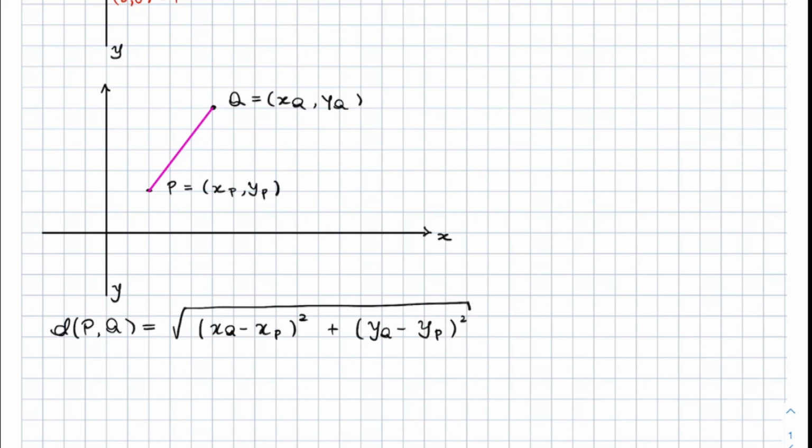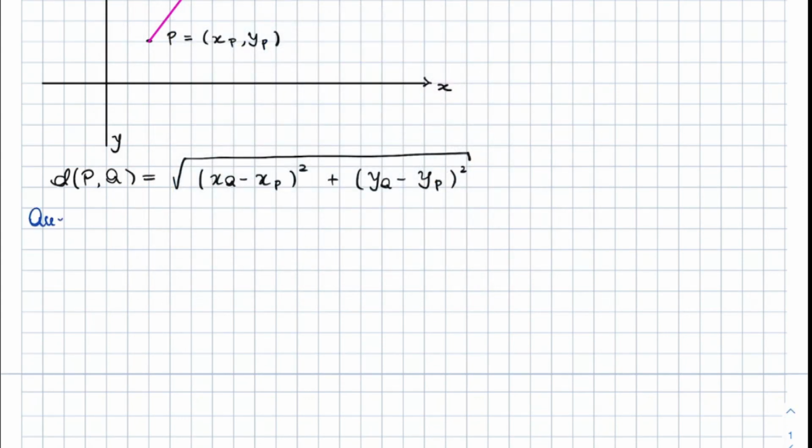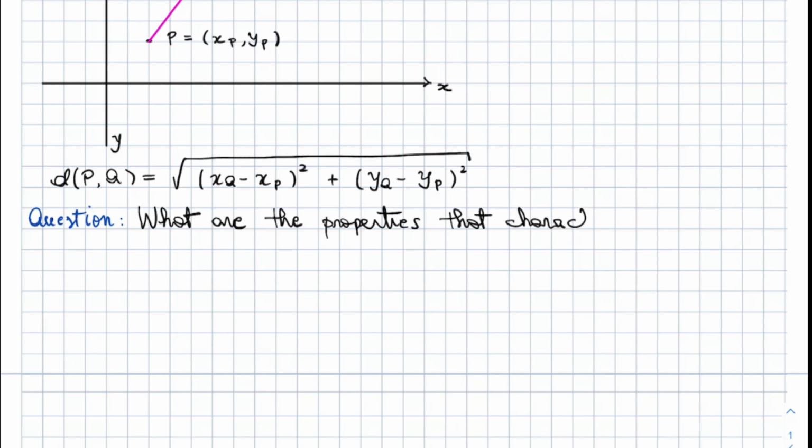So the question now is the following: what are the properties that characterize dpq?